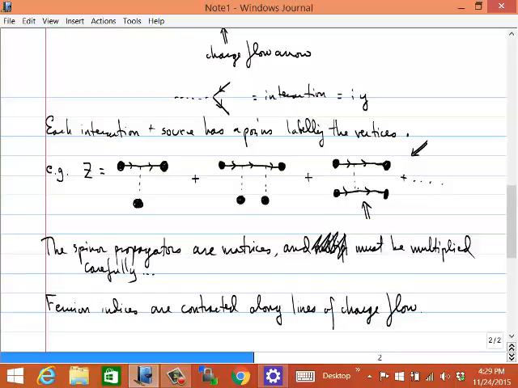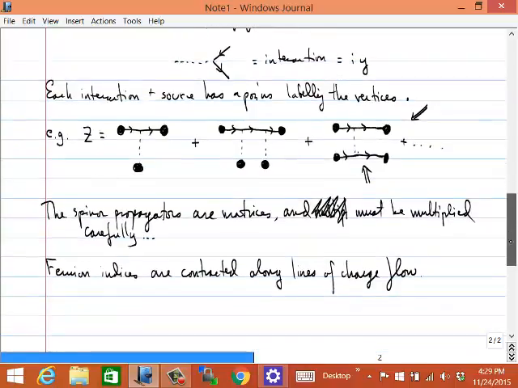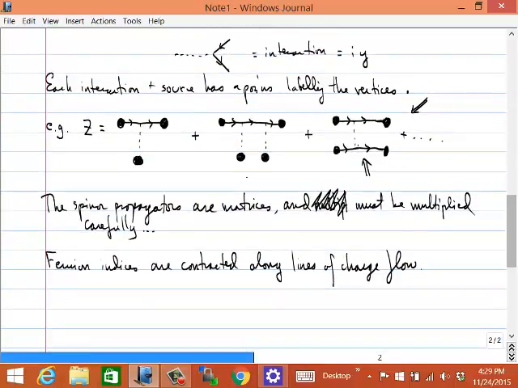So what do we mean by that explicitly? Well, so let's just consider this diagram right here. Okay. So let's consider this as a contribution to, say, a psi-psi bar, phi-phi 4-point function. Let me give myself a little bit more room. So let's say we have psi of x, psi bar of y, phi of z1, and phi of z2.